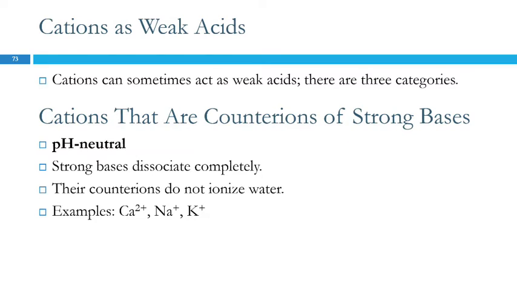The base is strong, so the conjugate is going to be nothing. It's so weak, it's nothing. We've got strong and nothing, or weak and weak. So these are going to be pH neutral. Strong bases dissociate completely. Their counter ions do not ionize water. So examples would be calcium, sodium, and potassium.